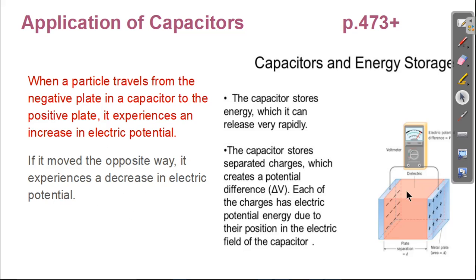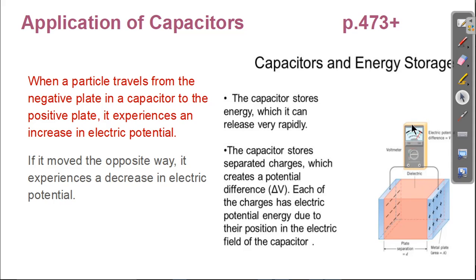So let's look at this picture right here. You have your capacitor, negative plate, positive plate, dielectric or insulator. So there is a space full of air. And there's a voltage, meaning that you have an electrical field that's creating an electrical potential.